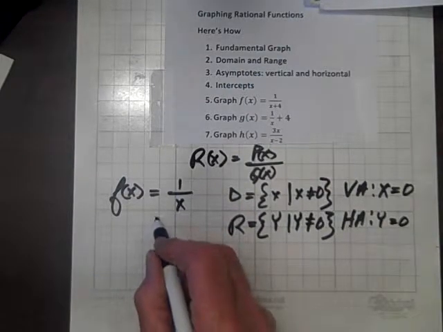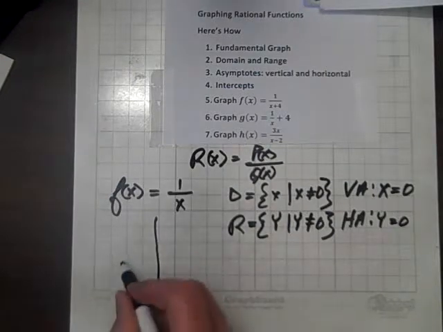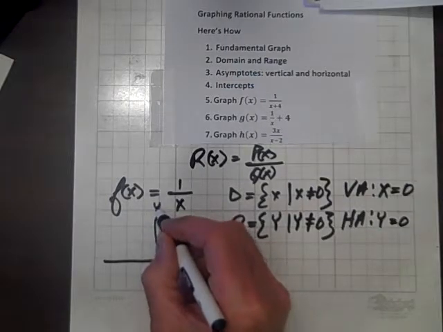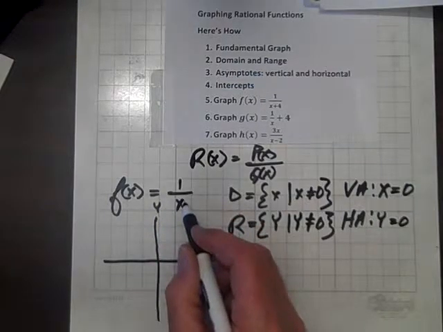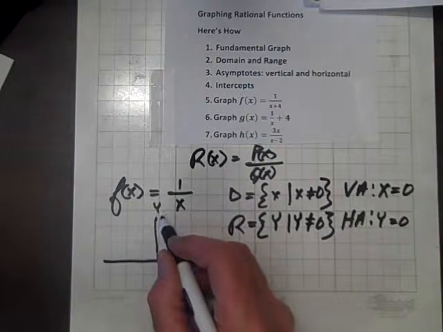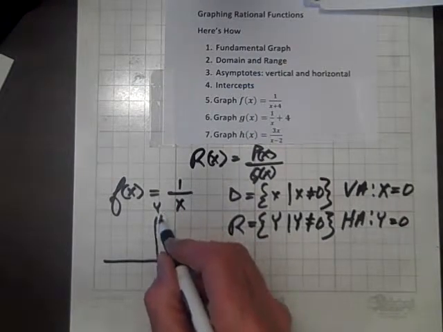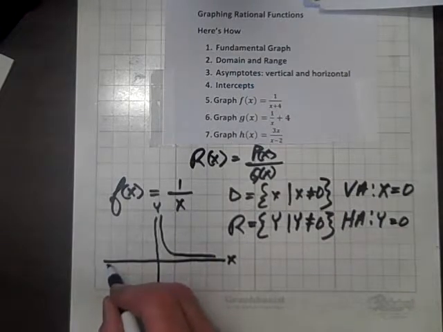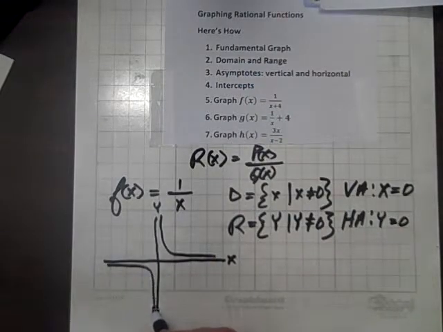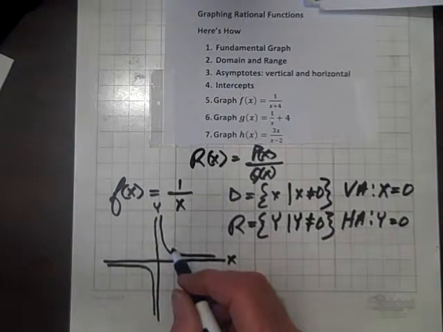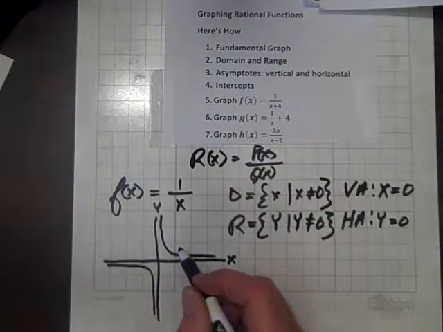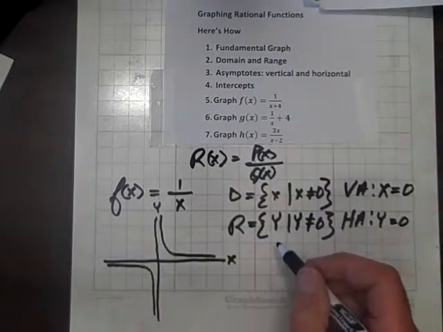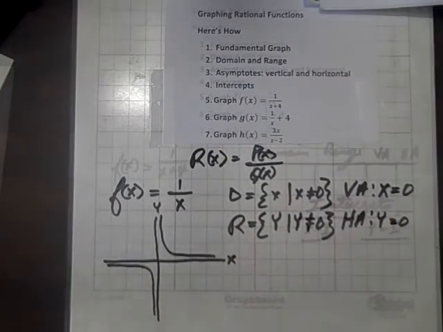Now, as to the graph, with x and y axes: if x is positive, then f of x is positive. If x is negative, then f of x is negative, and there's our fundamental graph, and we will be moving that side to side and up and down in order to graph the equations above.